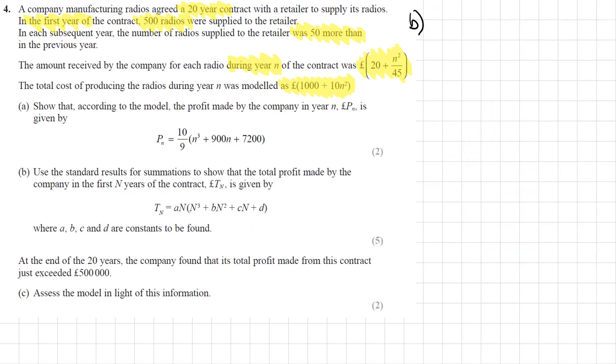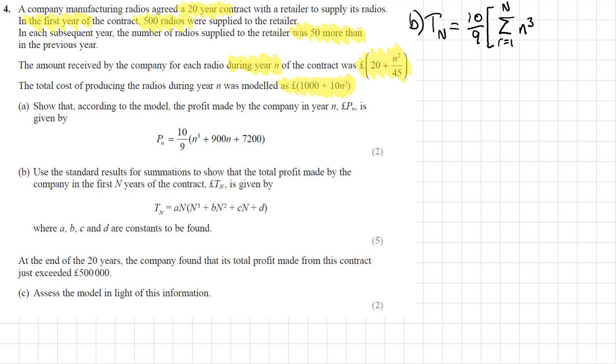Okay, so what I'm going to have to do first of all, let's take this 10 over 9 and put that in front of any summations that I write down. And the first one is going to be the sum of all these n cubed. So I'll write down the sum of n cubed, and I'm going from year 1 to year n, so r equals 1 to big N. Then I want the sum of all these 900 n's.